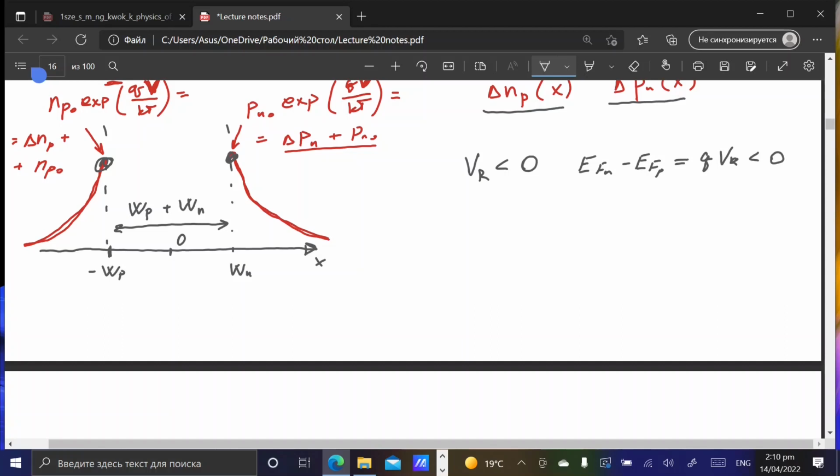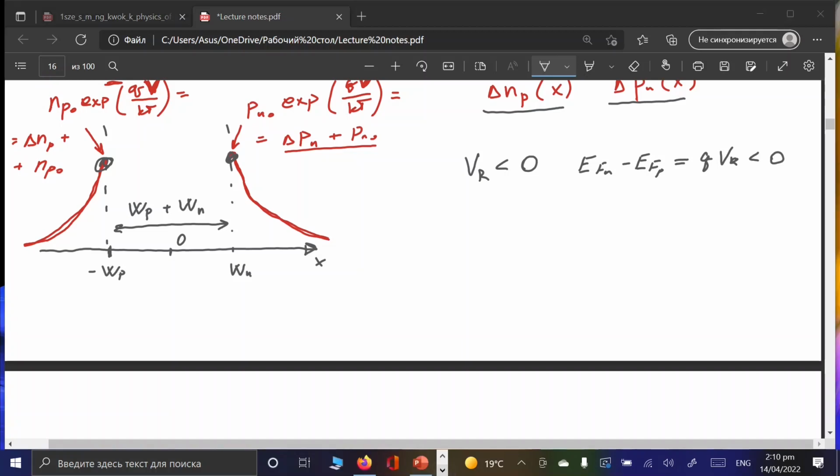But if we have very different doping levels, they can be different, and later we will actually show that in an asymmetric junction, when we have, for instance, heavily doped p-type and normally doped n-type, only the diffusion component of current from the lightly doped semiconductor will make a major contribution. So we can neglect the contribution from the heavily doped one.